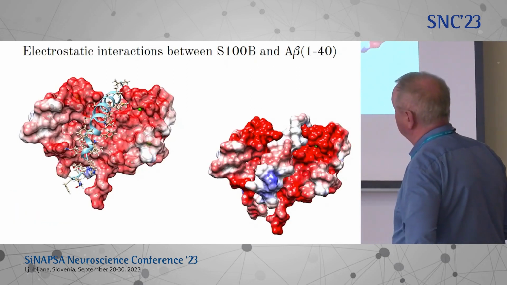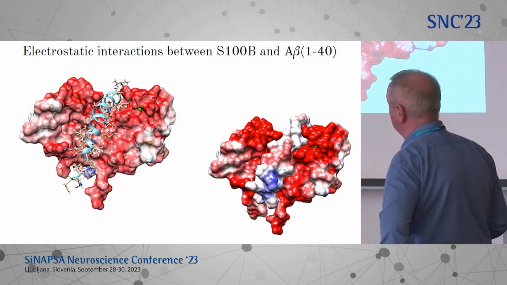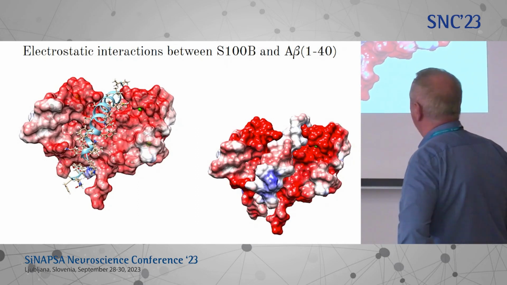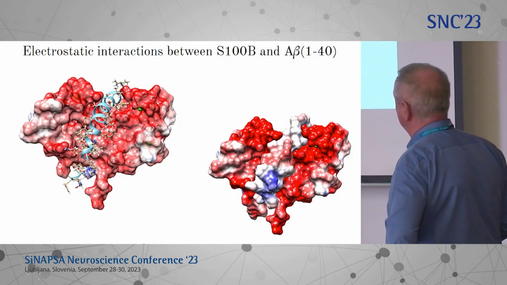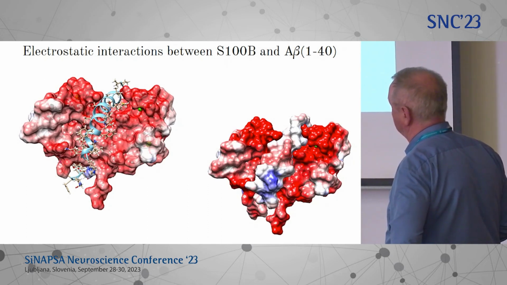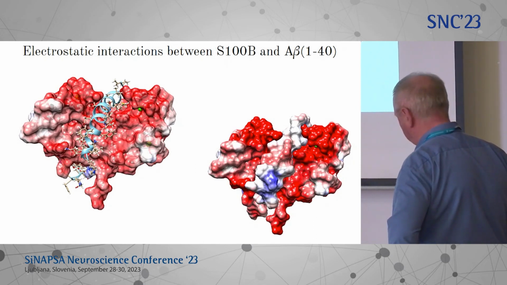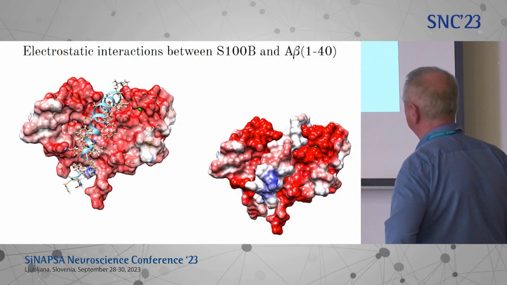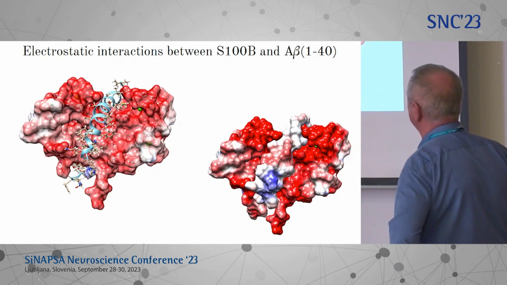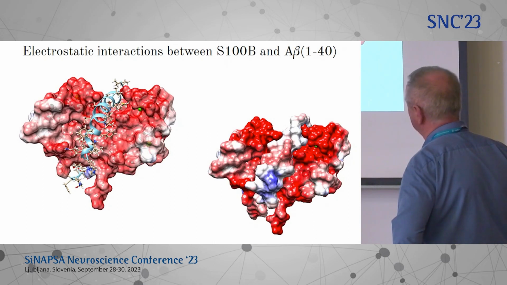Next, I show the electrostatic interaction between protein and peptide. You see that the electrostatic surface in the case of S100 beta is mostly negative, and the electrostatic surface of A beta peptide is completely different compared to the S100 beta protein.